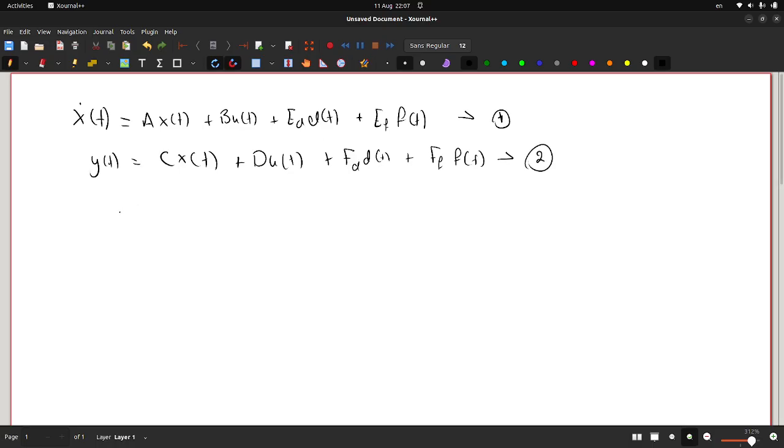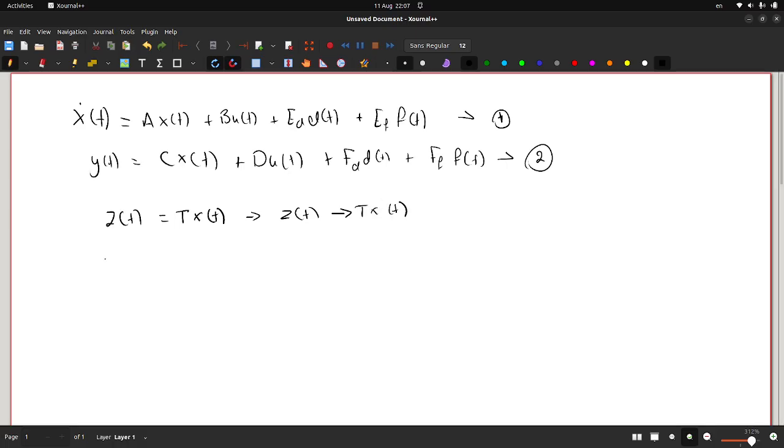Let's do a simple transformation where z of t is only a subspace of x of t, and our goal is to have z of t go to Tx of t.